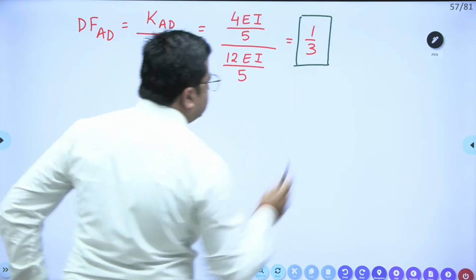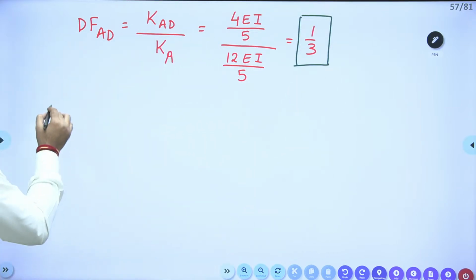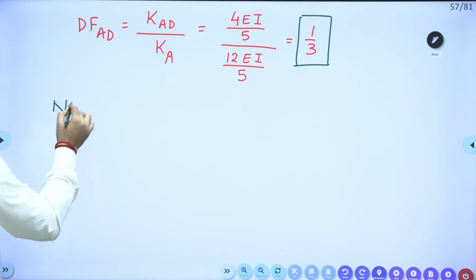One more thing, just note it as a point, mark it as an important note.